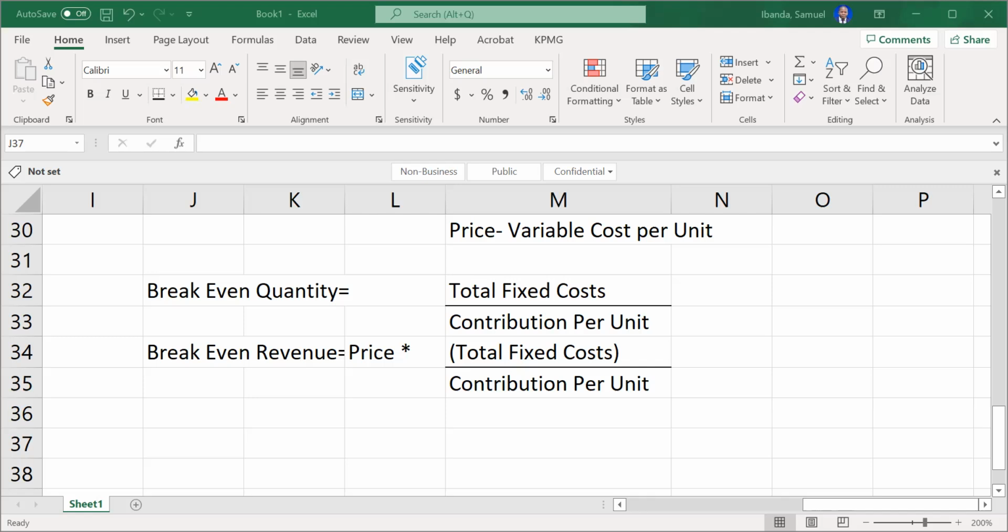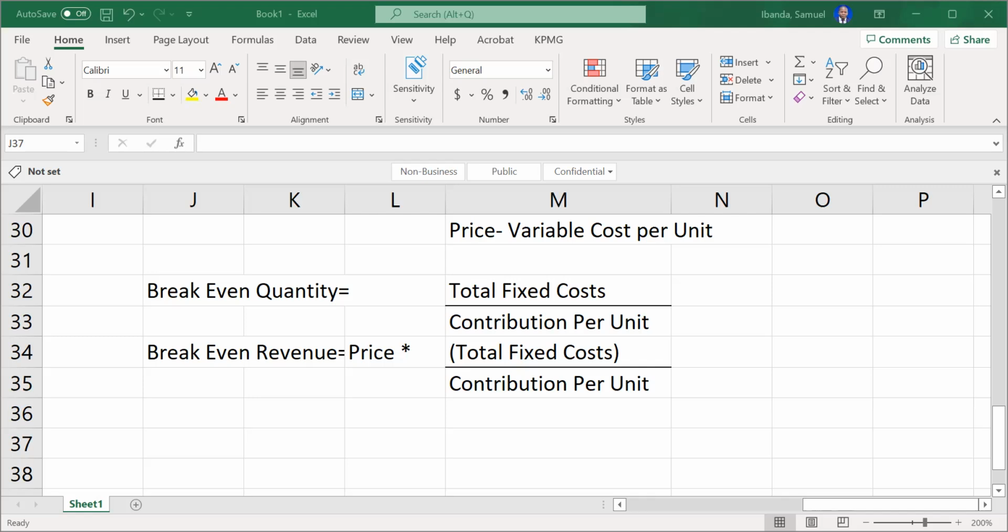So contribution is similar to gross profit at that level. I hope that gives you some degree of understanding. Yes, that's clear. Okay, that is fine.